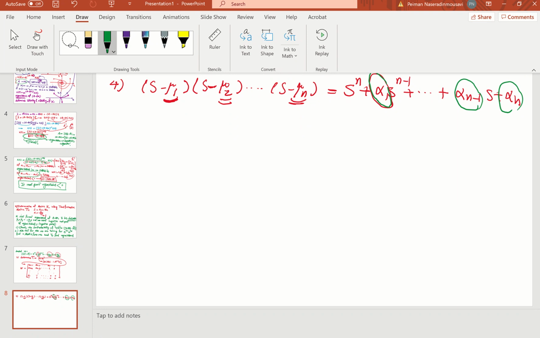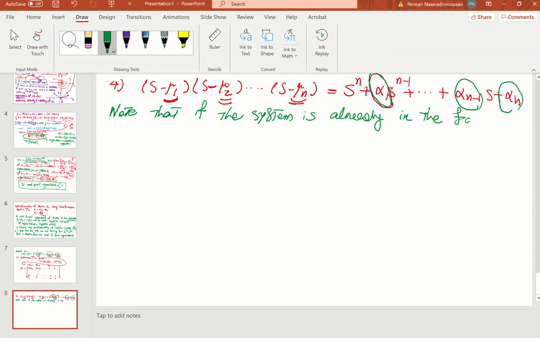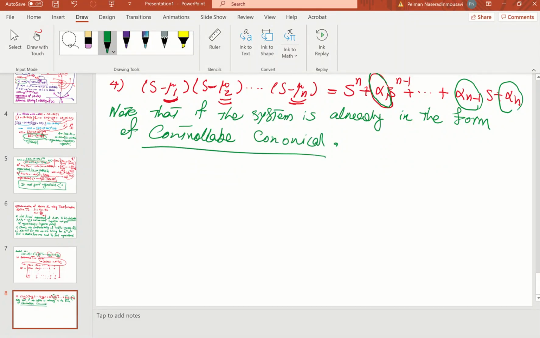So note that if the system is already in the form of controllable canonical form, remember, I taught in the first class, then you don't need to calculate the T matrix.